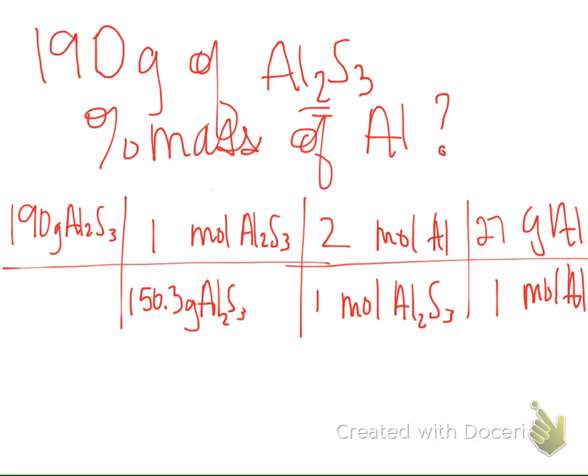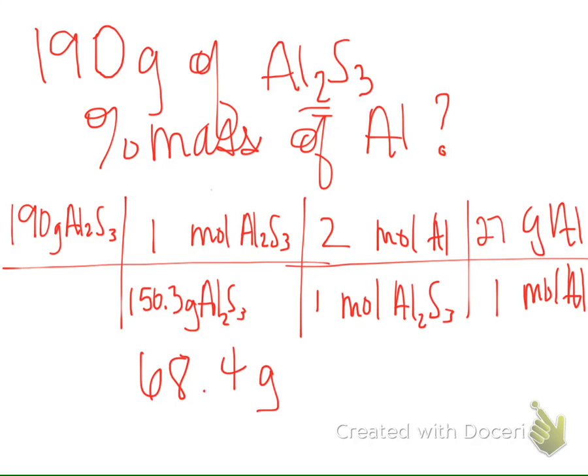So no, we don't put in Al2 for our molar mass; we've just used aluminum. We multiply across the whole top, divide by the whole bottom, and I got 68.4 grams. So that's how many grams of aluminum are in 190 grams of aluminum sulfide.